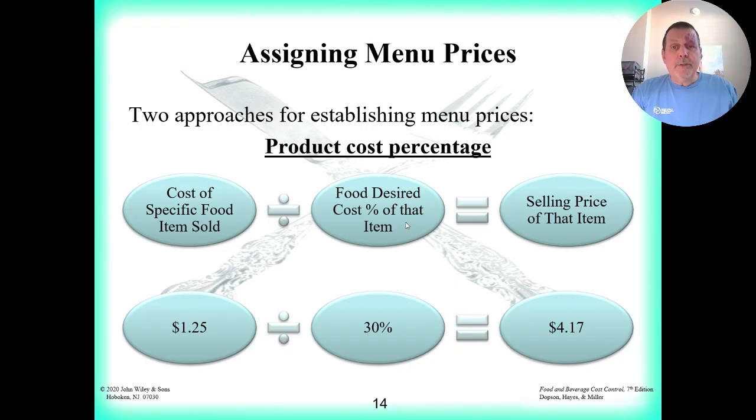So that's beautiful. Anytime you have your known cost and your desired food cost percentage, you can determine a menu price, easy, just by dividing the food cost by the desired food cost percentage in decimals. You will get your price.